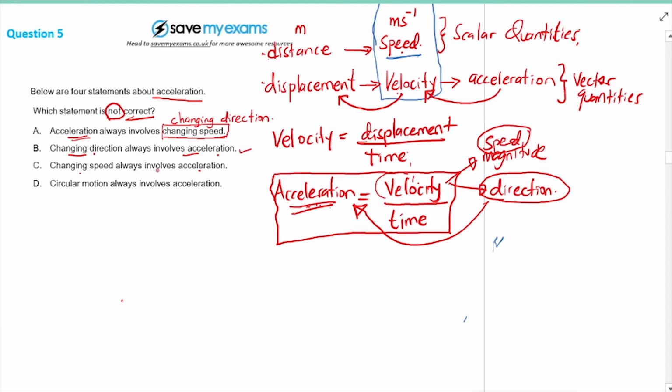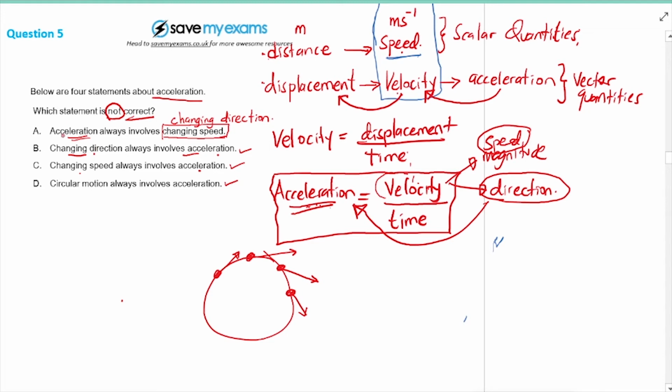Changing speed always involves acceleration. That is true. Circular motion always involves acceleration because when an object is in circular motion, when it moves there, when it comes here, its direction has changed. When it comes there, its direction has changed. So this constant change in direction is going to cause a change in acceleration. Sure, so this is also true.